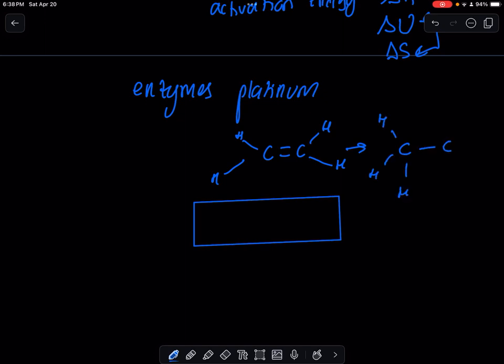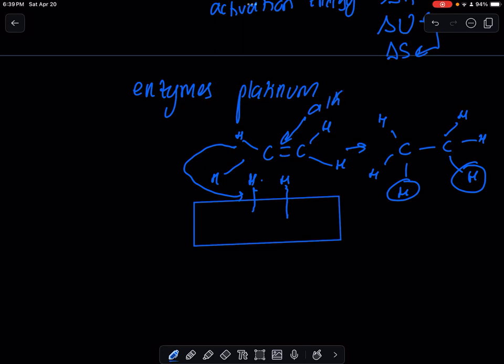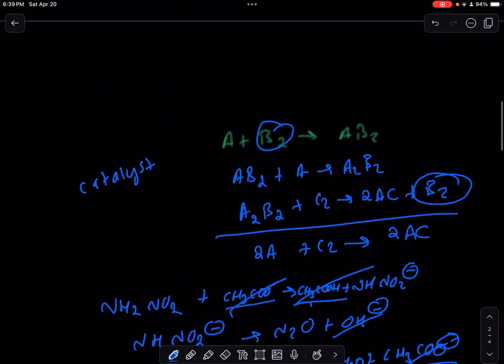Remember that carbon only makes 4 bonds. So what we've done is we've added hydrogens to the double bond. What this catalyst does is it allows for a surface to interact with this alkene, to put the hydrogen across the double bond. So, this is an introduction to reaction mechanisms.